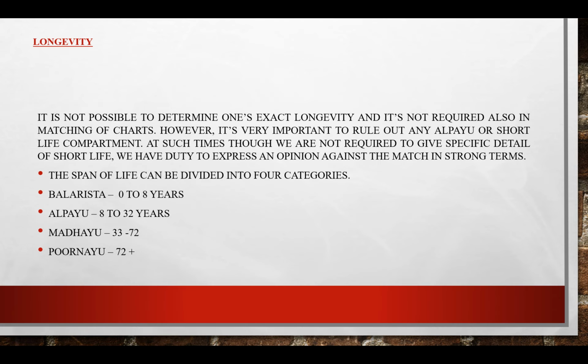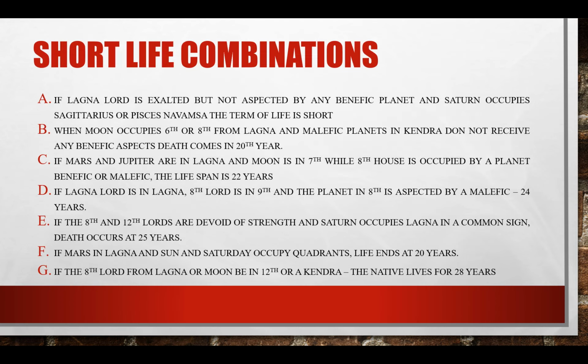Basically we can divide life into four categories: 0 to 8 is Balarishta, 8 to 32 years is Alpayu, the medium life is 33 to 72, and anything beyond 72 is Purnayu, or long life.